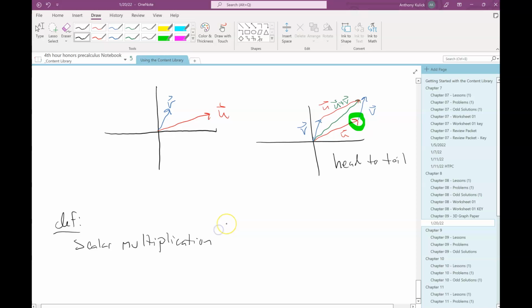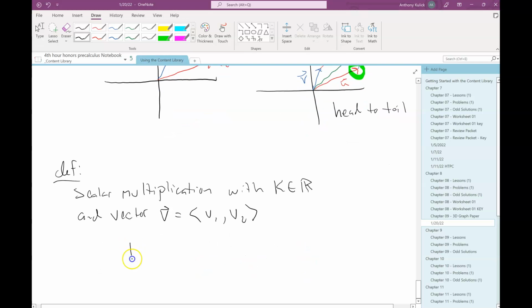Scalar multiplication exists between a real number and a vector. So if I do k times the vector, that's k times v1 and k times v2.